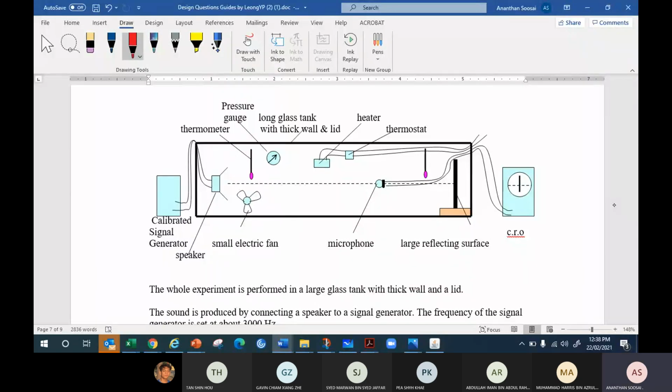A microphone is connected to a CRO. The microphone is moved along between the speaker and the reflector to find the point where two nodes are detected. Because node to node is half a wavelength, we can find the wavelength from there. Frequency we can get from the signal generator.